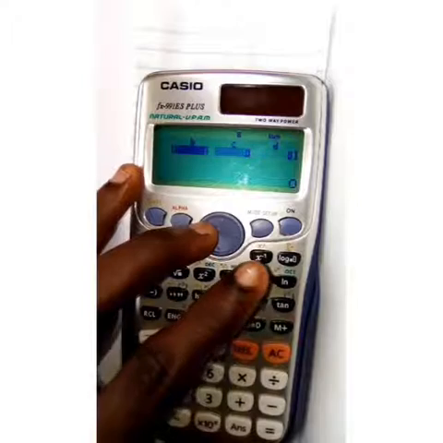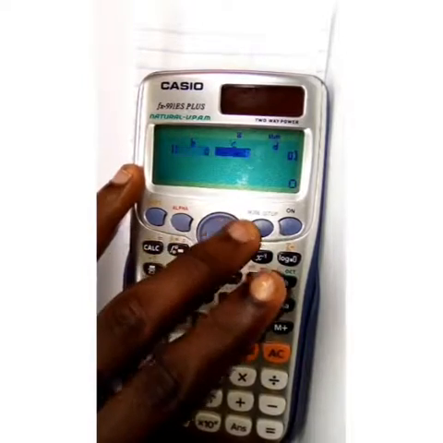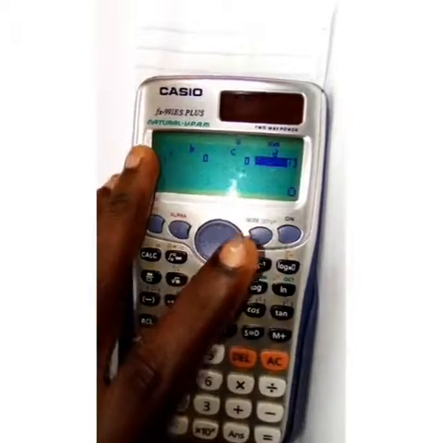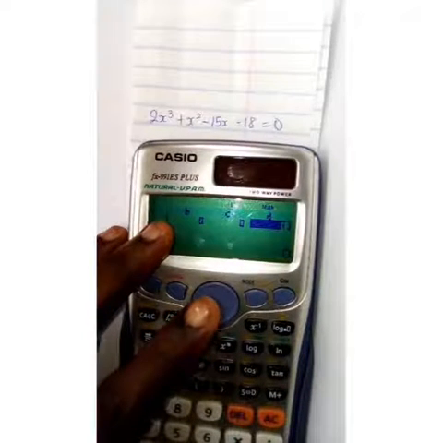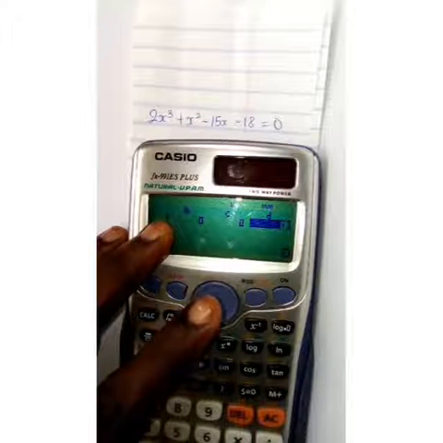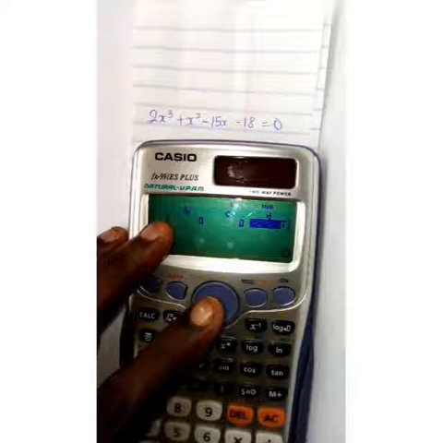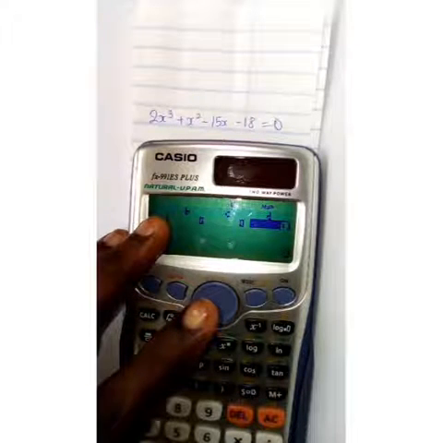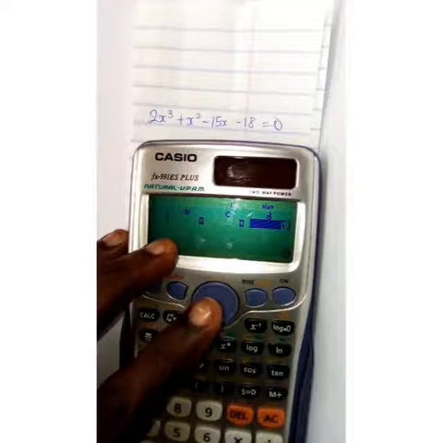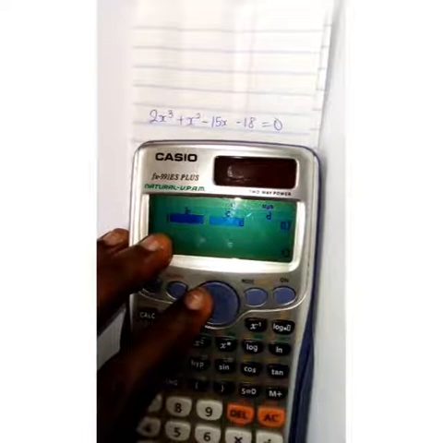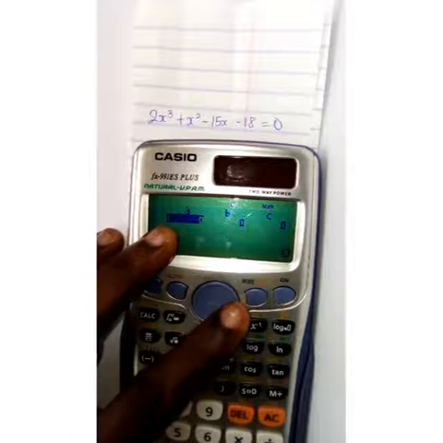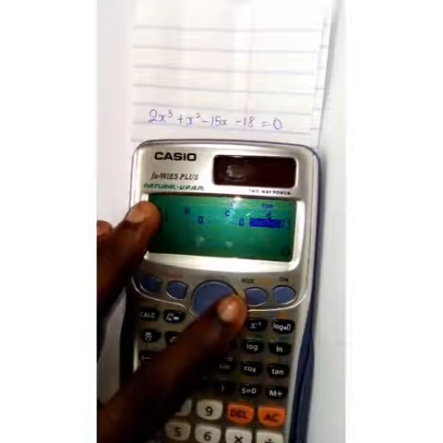So for the sake of this tutorial, I'll be taking this equation, 2x cubed plus x squared minus 15x minus 18 is equal to 0. Of course, as you can see, as displayed on this calculator, I have a, b, c, and d.